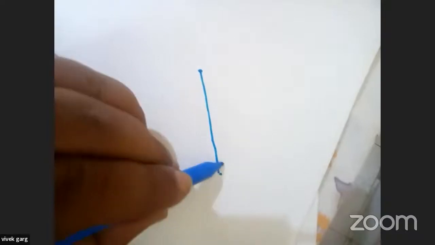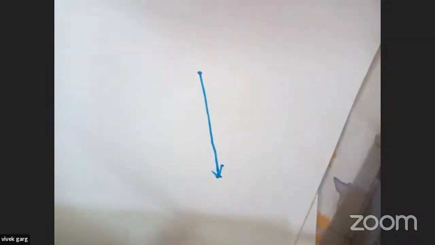So how did I do that? I pointed a finger. So first of all, a direction is a physical quantity, which is denoted by a line and an arrow. Any physical quantity which is denoted by a line and an arrow is known as a direction.